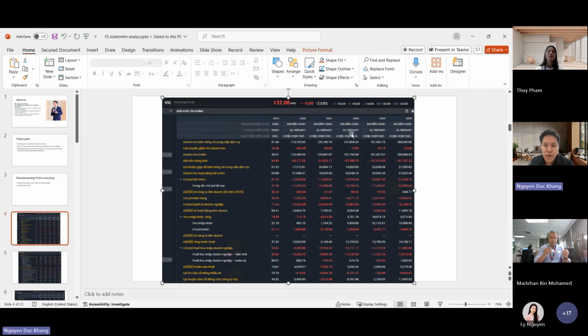If we look at the bottom line, the profit after tax, over the last 6 years they had profit in almost 5 years. Only in 2021 did they record a loss of 7,500 billion. So on paper, the company is still good.